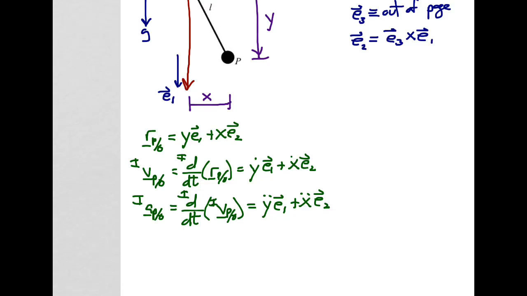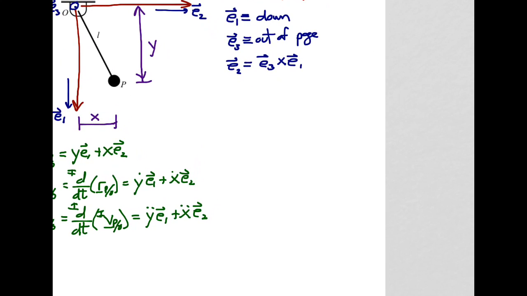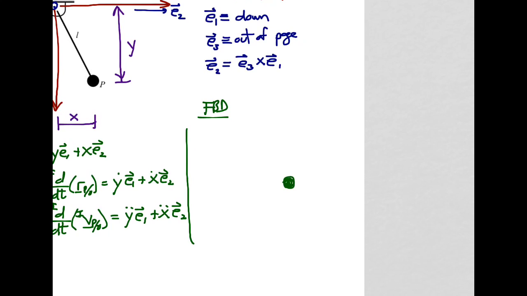Now in this system, we do need a free body diagram, so we need to draw the free body diagram of our mass. So the FBD is of the mass P, so draw our mass, and we need to put all the forces that are acting on this mass, and that's the force due to gravity, mg, and then we have the constraint force, F, that's holding our mass onto our massless pendulum.